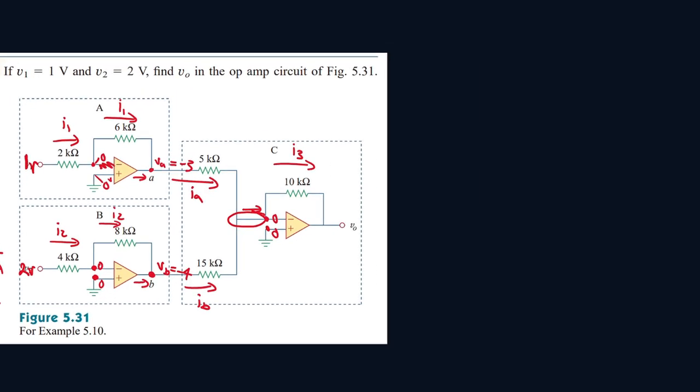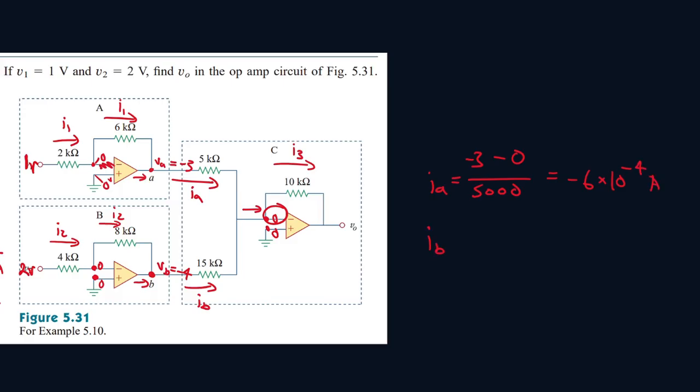So the formula for IA will be VA minus 0 all over 5000 ohms. Recall VA is minus 3, so it'll be minus 3 divided by 5000, and this will be your current value.